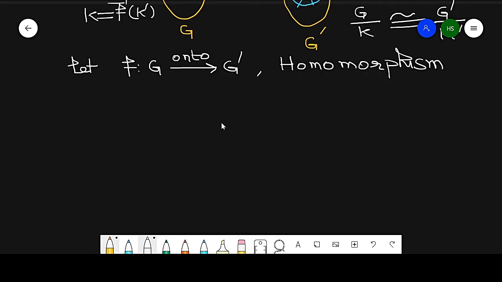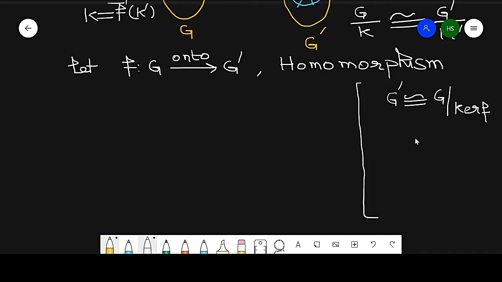Now to prove it, I will apply the fundamental theorem of homomorphism. So what is the fundamental theorem of homomorphism? If any mapping f from G to G dash is a homomorphism, then G dash is isomorphic to G by the kernel of f.